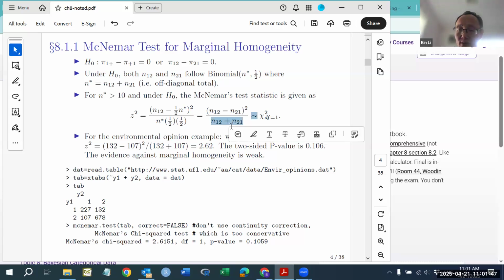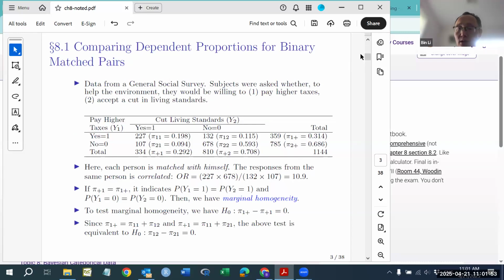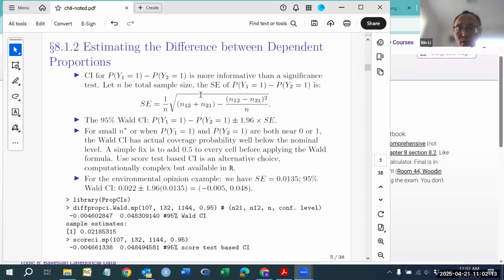These are the off-diagonals, right? Only those off-diagonals. The diagonals are these n11 and n22. They are not involved in the McNemar test, and neither in the confidence intervals. If you look at the confidence intervals, it only involves n12 and n21.